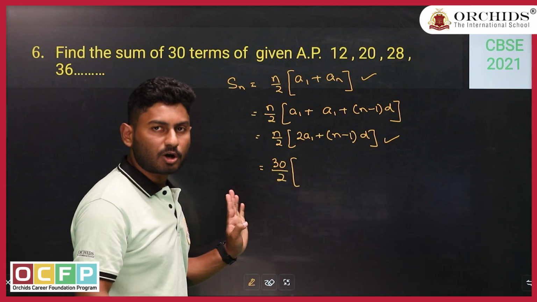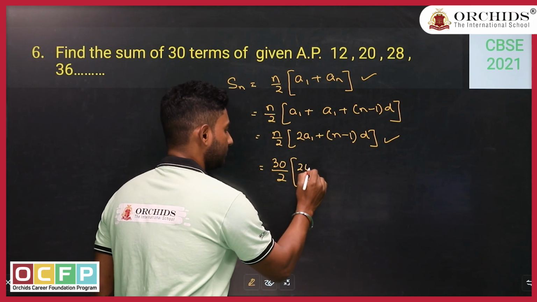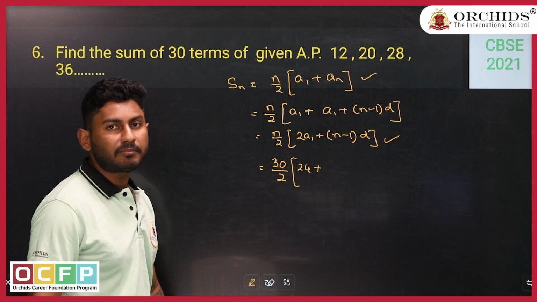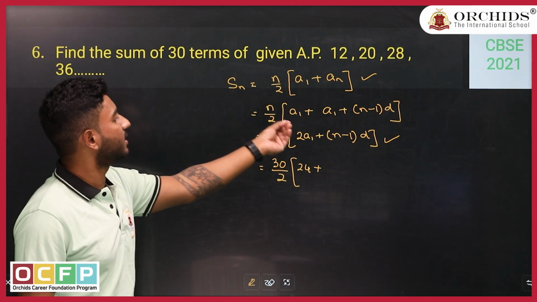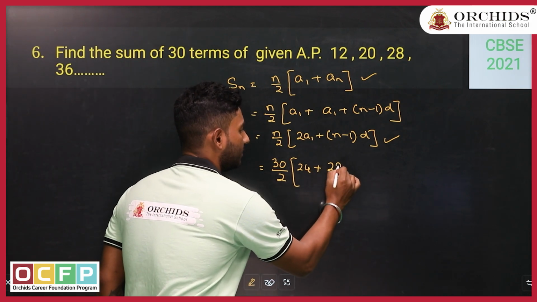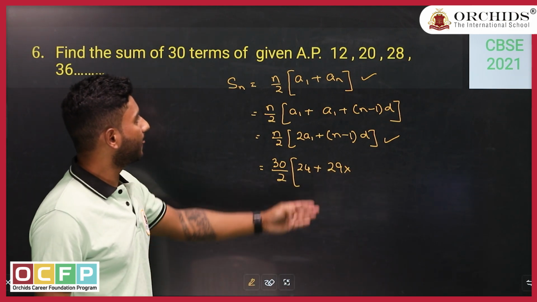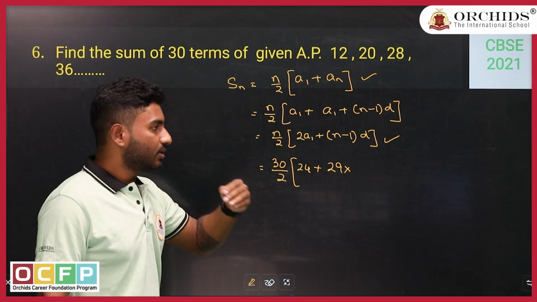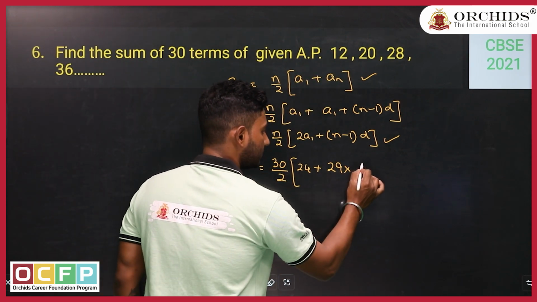So 12 into 2 how much? 24. Plus n minus 1. N minus 1 means 30 minus 1. 30 minus 1 is how much? 29. Into, what is D? 20 minus 12. That's D, right? So 20 minus 12 is 8.